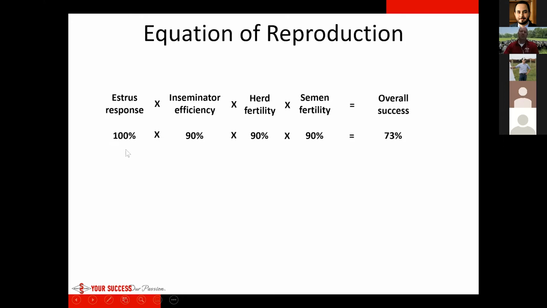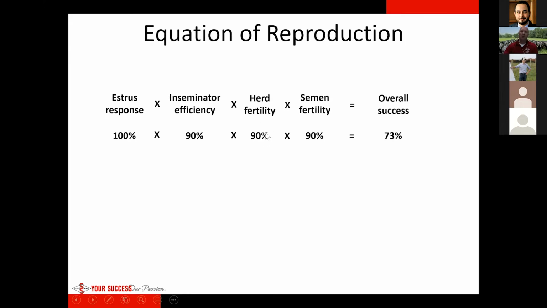So, a quick example here: you've got your estrus response. In this first example, you've got 100% estrus response, so you're doing a timed insemination program where you're breeding 100% of the animals. Inseminator efficiency, Dr. Dalton touched on that a little bit earlier. You're getting approximately 90% efficiency from an inseminator standpoint.